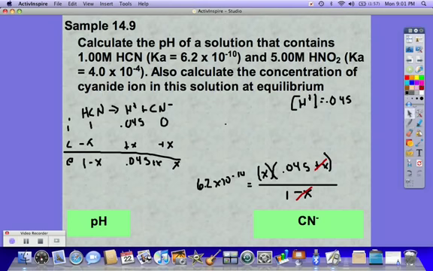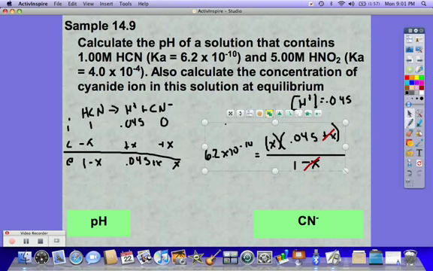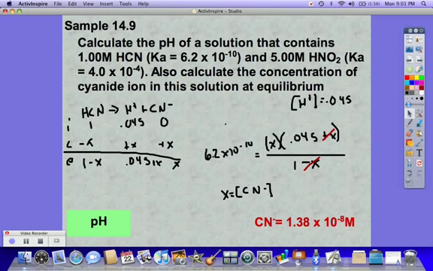So I need to divide by 0.045, and that's going to be my hydrogen ion. Or sorry, take that back, my cyanide. So x is equal to cyanide. Notice x is only equal to cyanide. If I was trying to find my HCN concentration, I'd have to plug it back in. And so cyanide is equal to 1.38 times 10 to the negative 8 molarity.